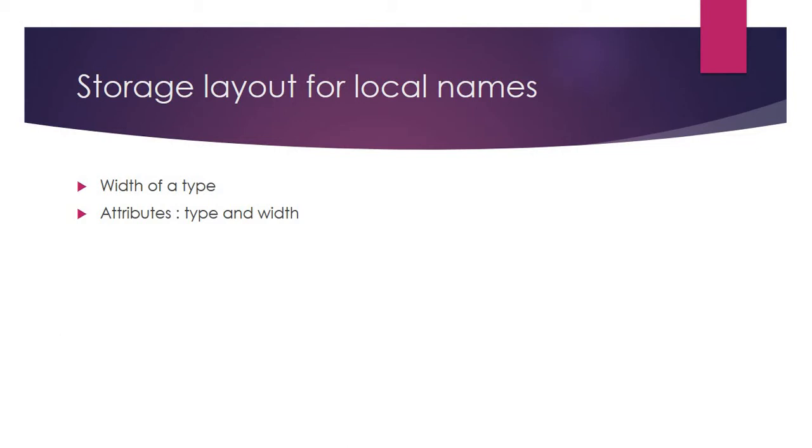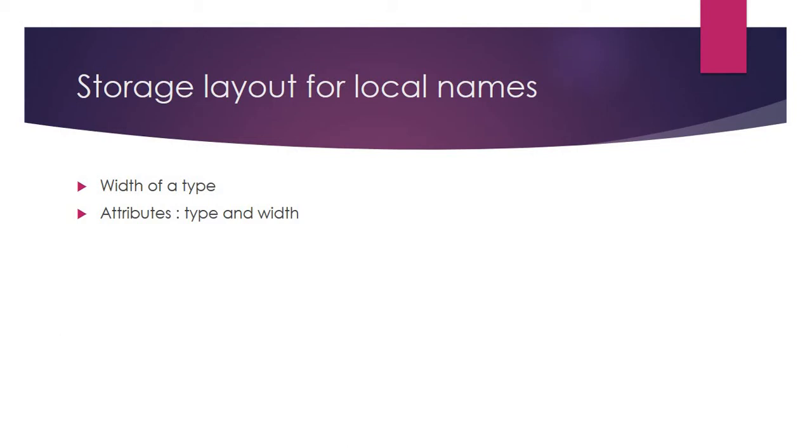The number of bytes allocated for variables of different data types will vary according to the underlying architecture. In a particular architecture, assume that if an integer is 4 bytes, it will occupy 4 bytes.